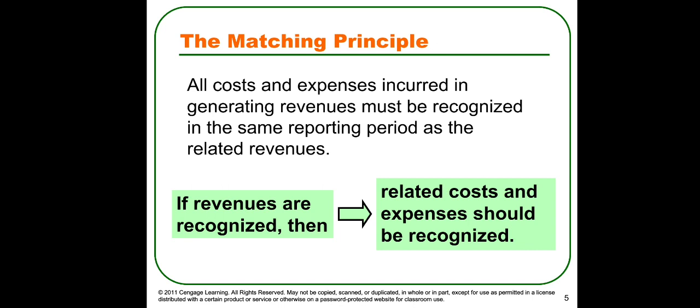Okay. Another example is for expenses. For example, let's say you have a business, and you have one worker. So you pay the worker $1,200 per month. Let's say today is 30th of April.